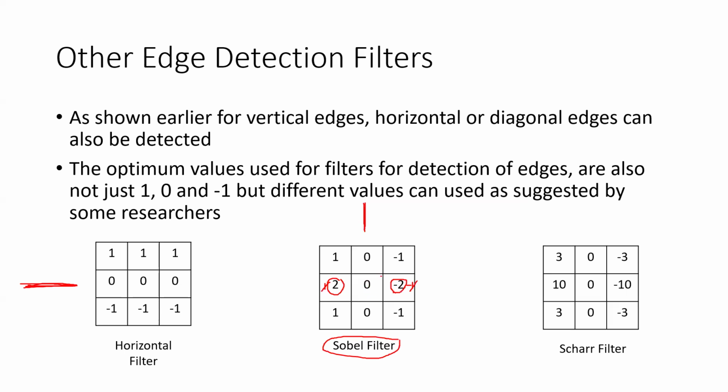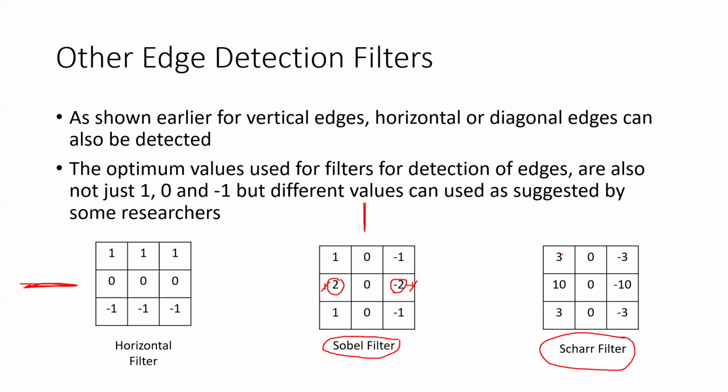Scientists have found that this gives more accurate, better edge images than the original vertical edge detector, right? And there are much more advanced ones. Some of them found that not 1 to 1 but 3, 10, 3, minus 3, minus 10, minus 3, which are known as the Scharr filter, right?